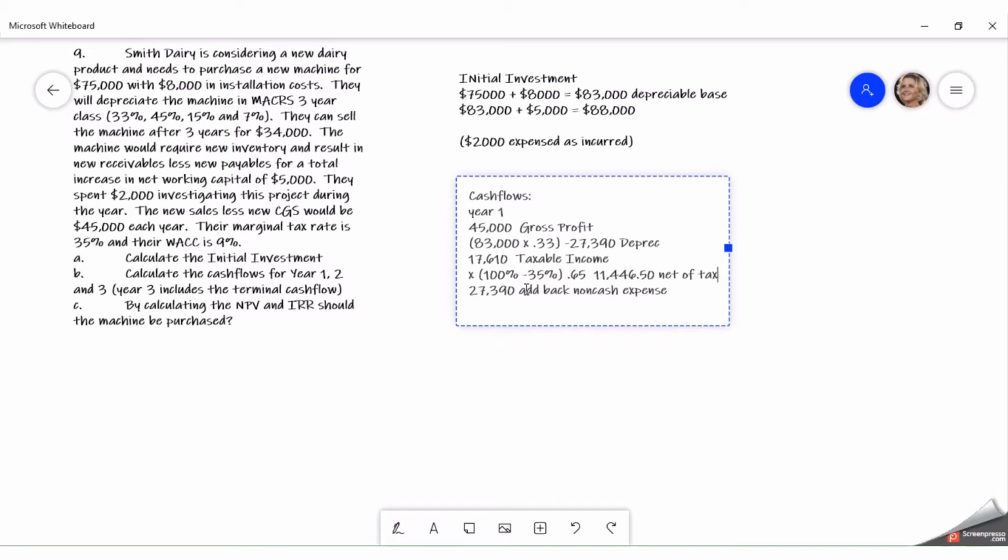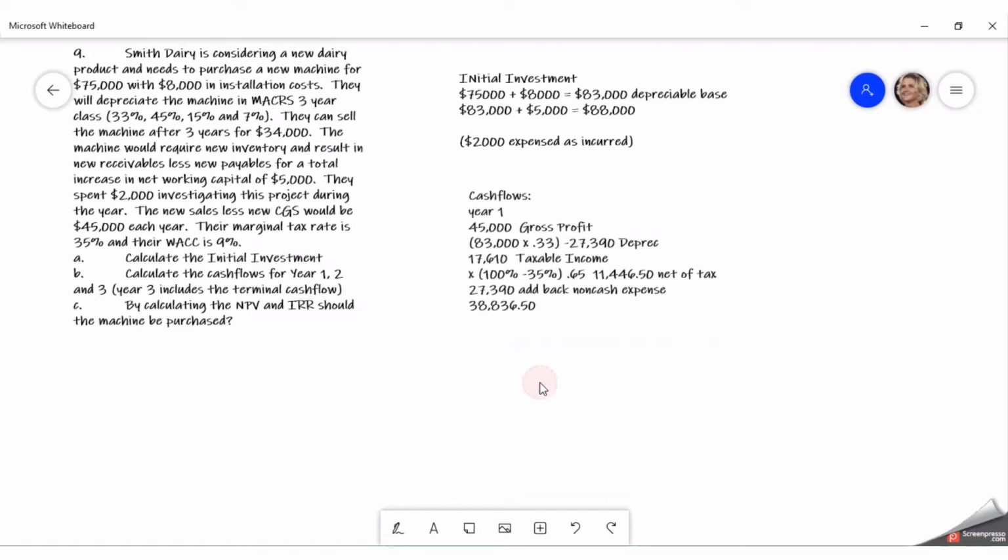Okay, so the 11,446.50, then we add back the 27,390, and that gives us 38,836.50. That's correct. I'm sorry. When I was explaining the tax, I put that tax amount in there and then I picked up the wrong value.